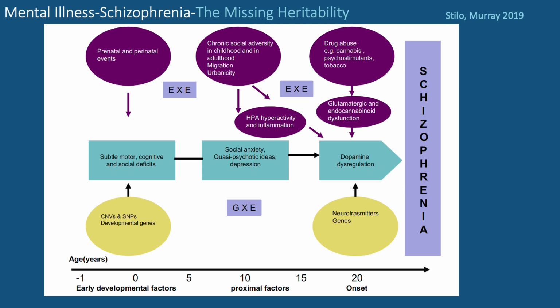Now, let's look at the cartoon in detail. When we look at the early age in the neurodevelopmental trajectory in the life of a person that has schizophrenia, already in the early stage of their life they show subtle motor, cognitive, and social deficits.